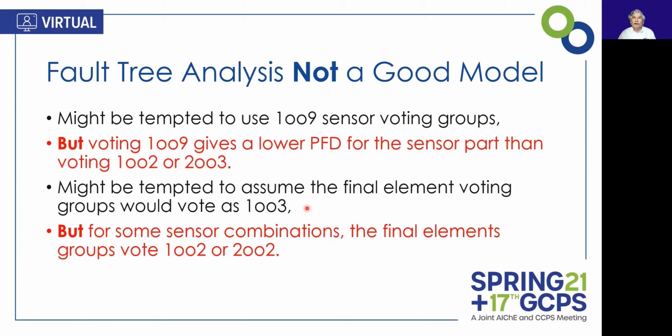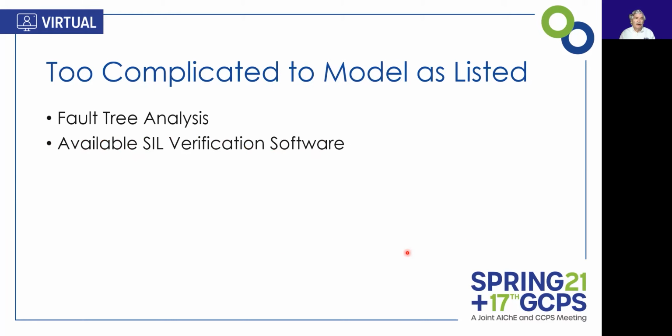It might also be tempting to assume the final element voting groups could vote as 1 out of 3, but for some sensor combinations, the final element groups are specified to vote 1 out of 2 or 2 out of 2. So we need a way to handle the complex logic here, and fault tree cannot do it, and the available SIL verification software will not do the calculations as needed.